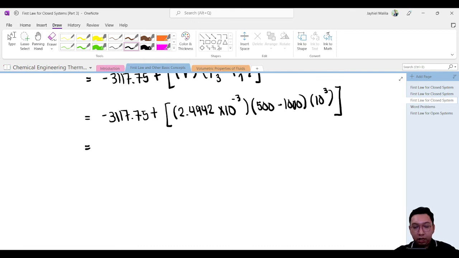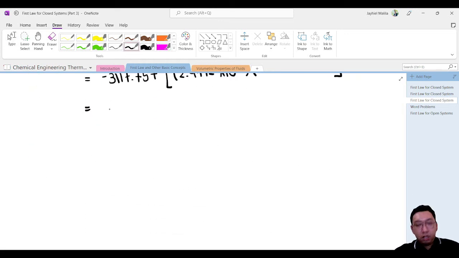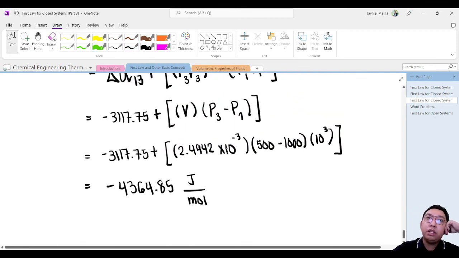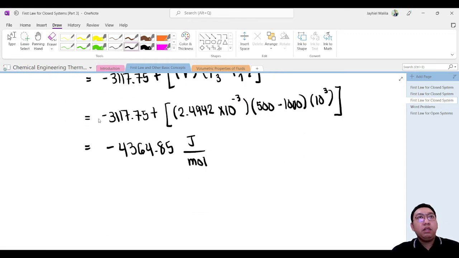And then I add it with negative 3117.75. Okay, my answer is negative 4364.85 joules per mole. I have already considered the meter cube per mole, and this one is pascals already. Alright, so I have my delta H13.